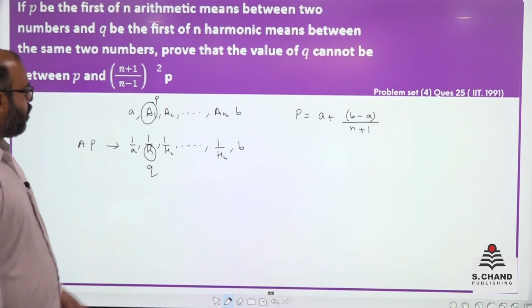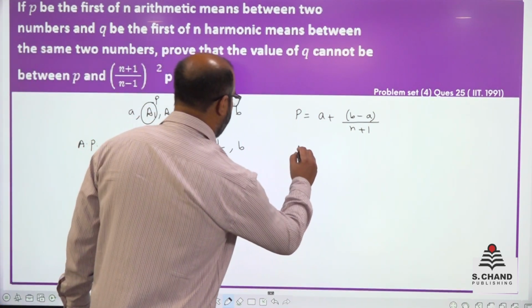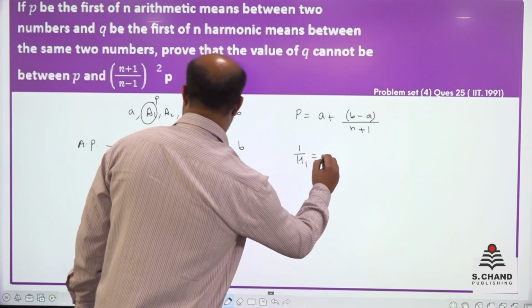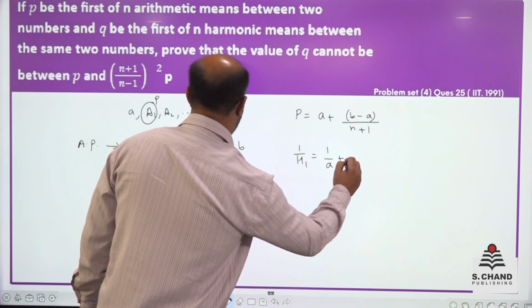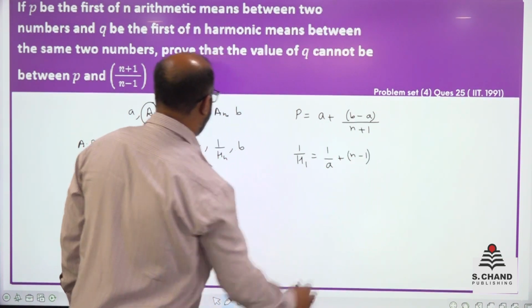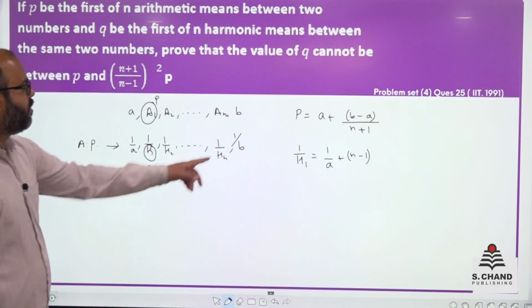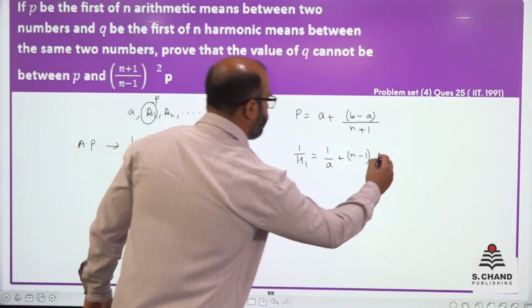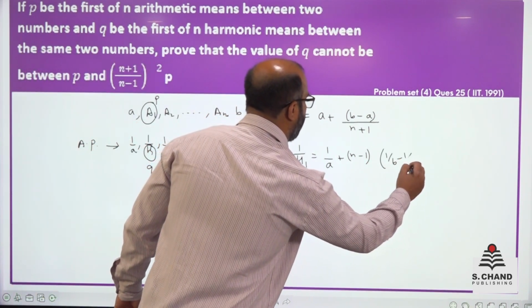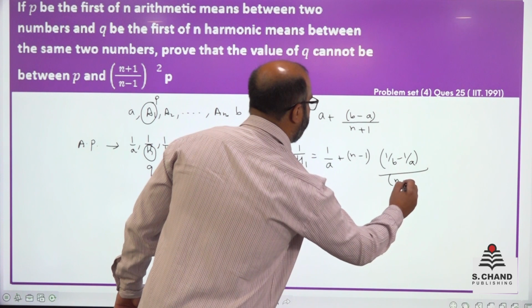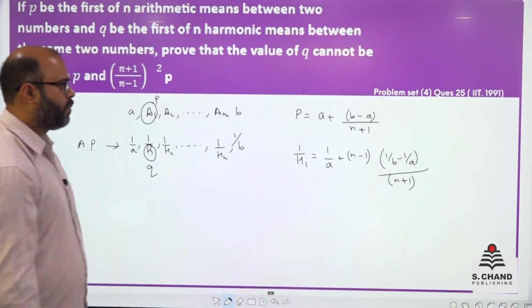So first let us talk about 1 by H1. 1 by H1 is equal to the first term 1 by A plus n minus 1 into the common difference, and that common difference will be (1 by B minus 1 by A) upon (n plus 1).